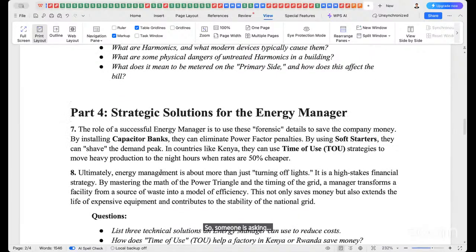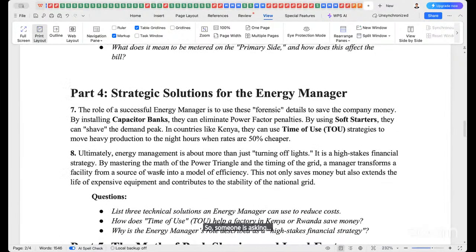So someone is asking some questions. We'll answer our questions after this last part. Now, part 4 is the solutions. Try the solution for the energy manager.